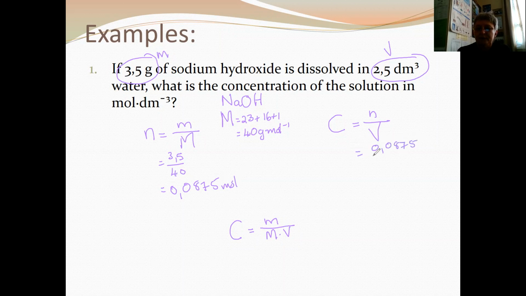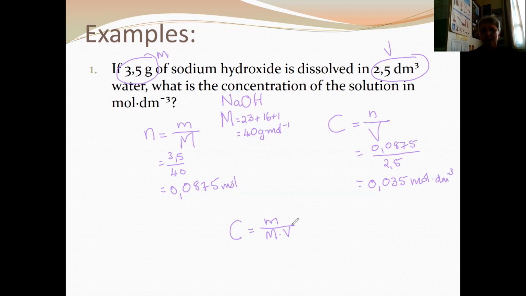Now we can go to concentration: 0.0875 divided by the volume, which is 2.5 cubic decimeter. That's the correct unit. 0.0875 divided by 2.5, and we get 0.035 mole per cubic decimeter.